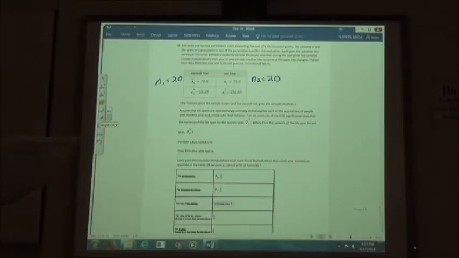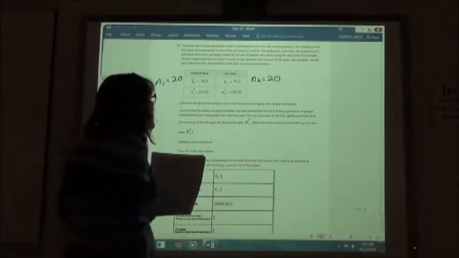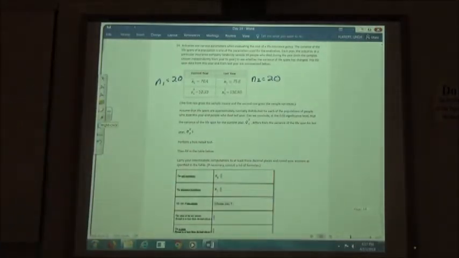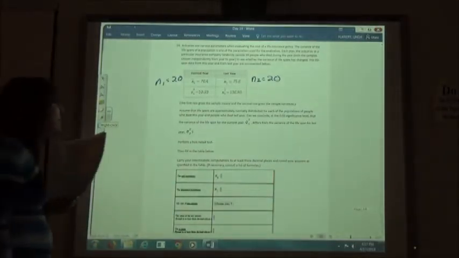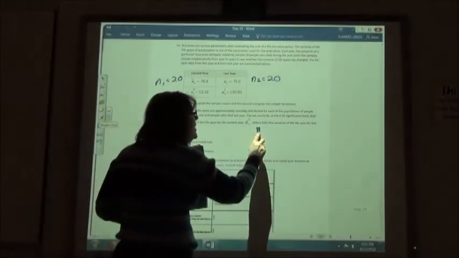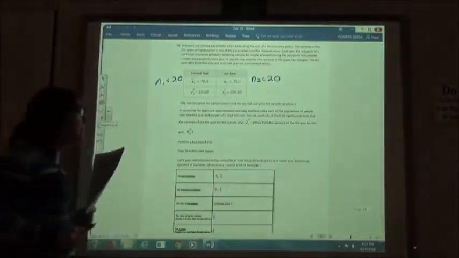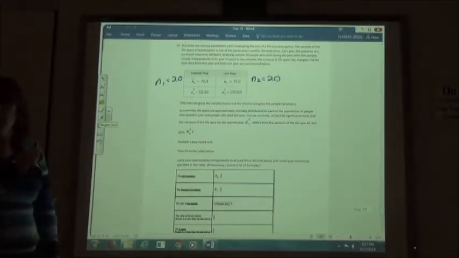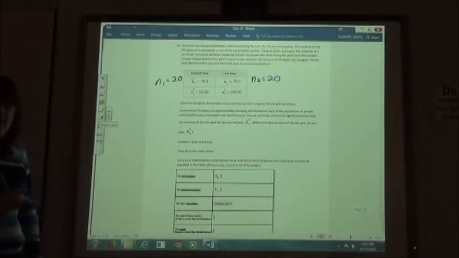The first row gives the sample mean, the second one gives the sample variance. Assume the lifespans are approximately normally distributed. Can we conclude at a 0.5 level of significance that the lifespan for the current year differs from the lifespan for the last year? So in this case, when we do differs, our null is going to be equal, our alternative one not equal.